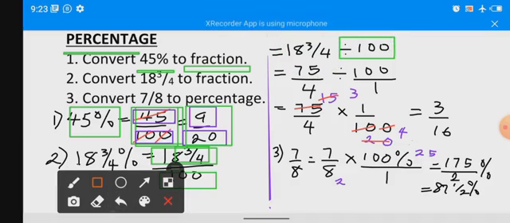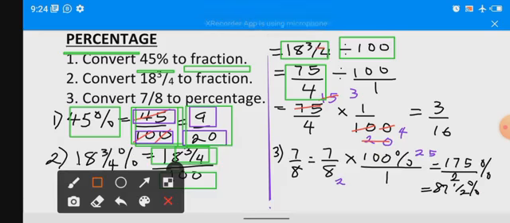Now the next thing is we do the division just the way we divide fractions. This is a mixed number, so if you are to divide or multiply a mixed number, the first thing you do is convert to improper fraction. How do you do that? You multiply 4 by 18. 4 times 18.